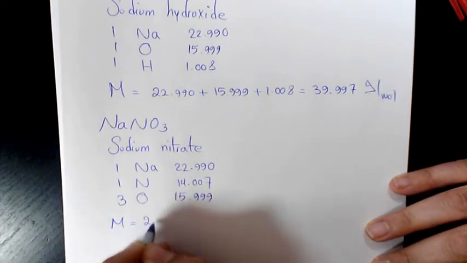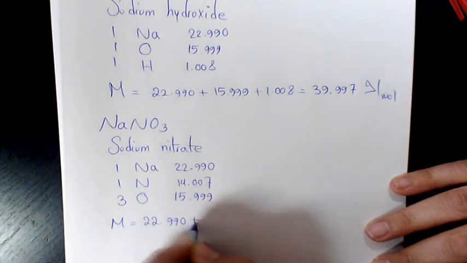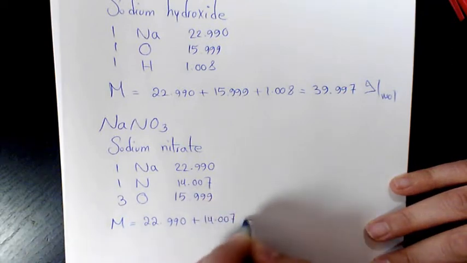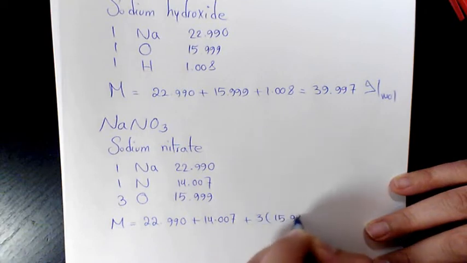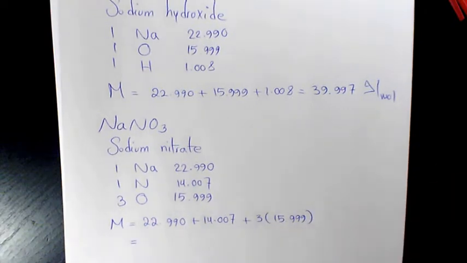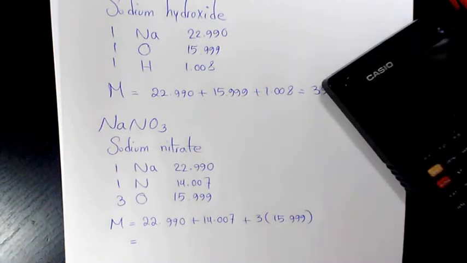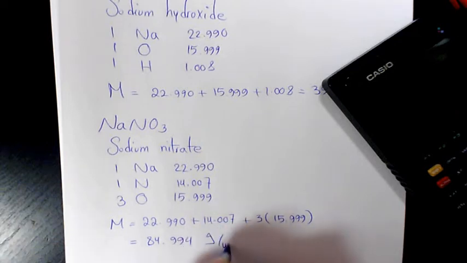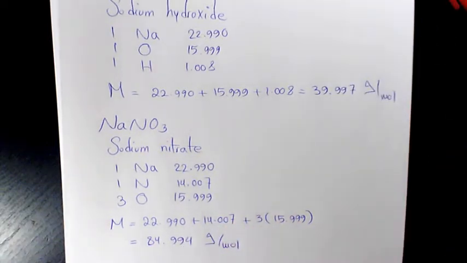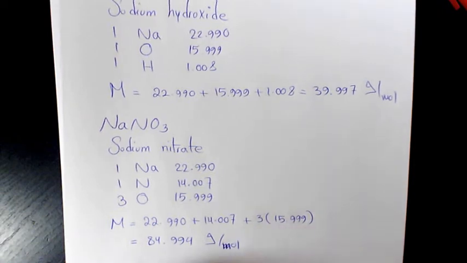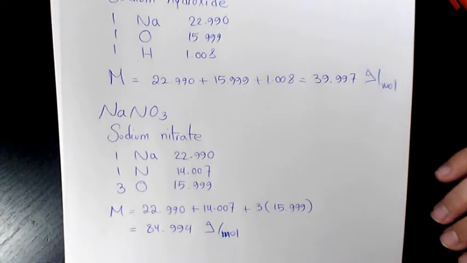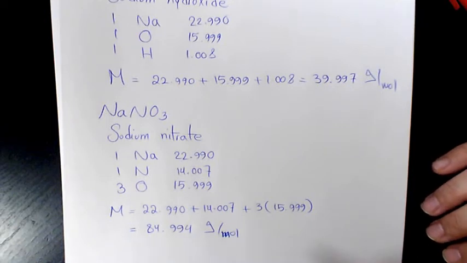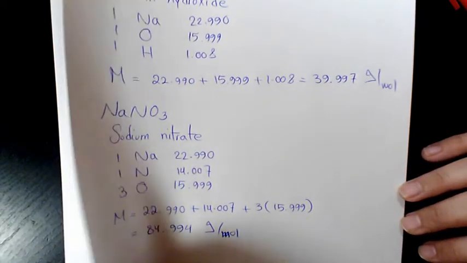Molar mass is going to be 22.990 plus 14.007 plus 3 times 15.999. It's going to be 84.994 grams per mole. So 1 mole of sodium nitrate contains almost 85 grams of this material.